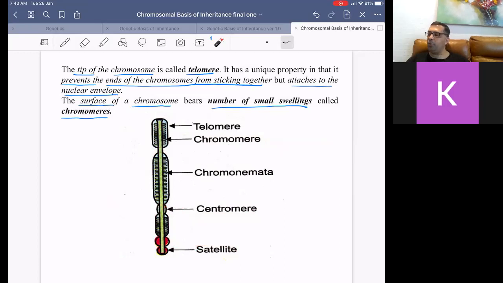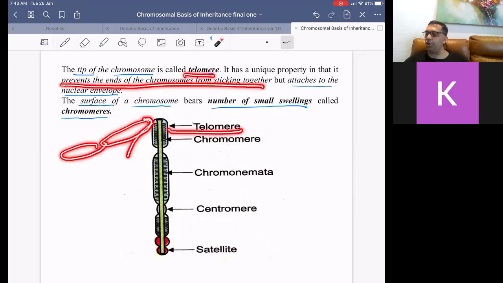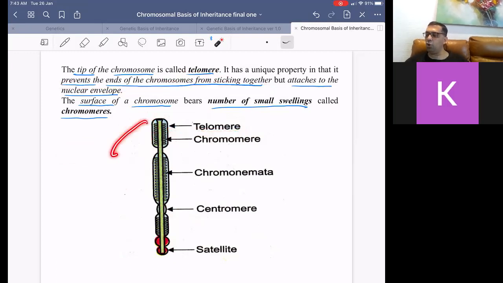The tips of chromosomes are called telomeres. Telomeres have a unique property: they prevent the ends of chromosomes from sticking together. Telomeres repel chromosomes, preventing them from sticking to each other.